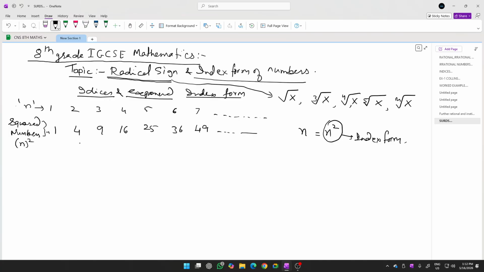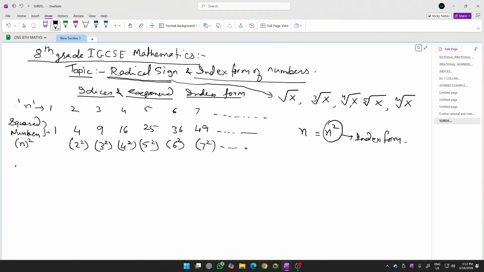So 4 can be written as 2 squared, 9 can be written as 3 squared, 16 can be written as 4 squared, 25 is nothing but 5 squared, 36 is 6 squared, and 49 is 7 squared, and so on.